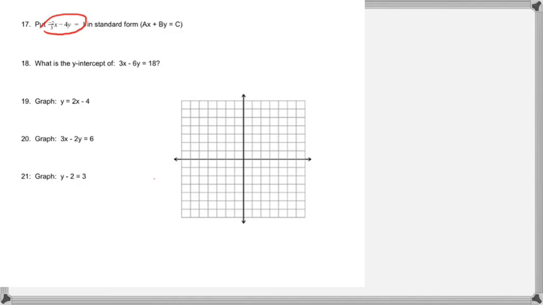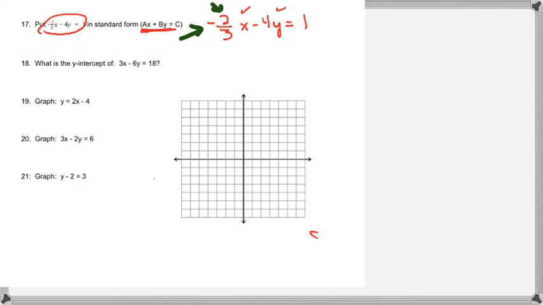We got an equation. It says put it in standard form, but they tell us what standard form looks like, and I will do the same thing for you guys on the final if I ask for this. Negative 2/3 x minus 4y equals 1. The key thing is x and y have to both be on the left-hand side, which they are. Another thing, though, we talked about was no leading negatives and no fractions, and this has got both.